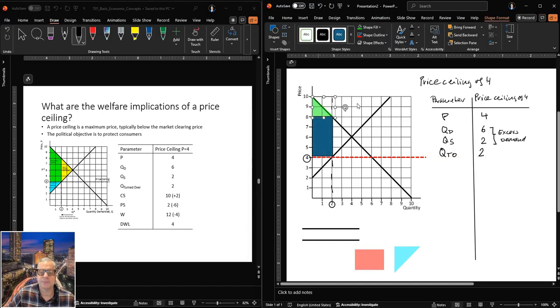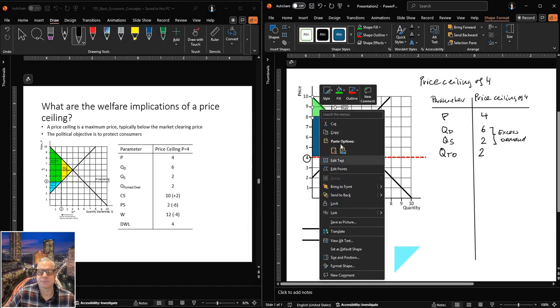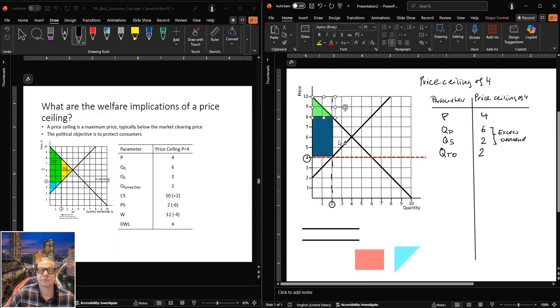So here, okay, so this green area is now total consumer surplus. So how big is this area? Okay, so this area is 1, 2, 3, 4, 5, 6, 7, 8. And then on top we have 1 and 2 halves, so this is 10.